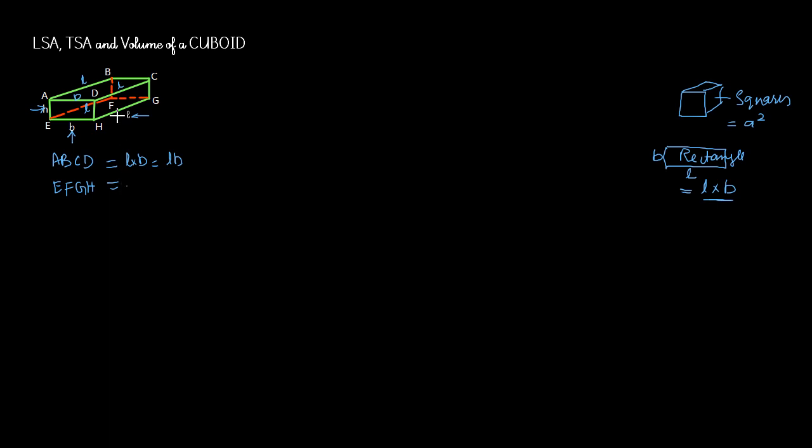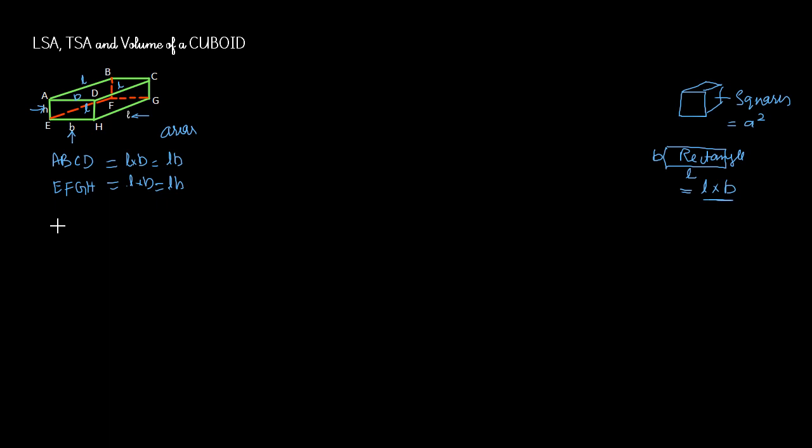So this will again be L, base has B, so that's L into B, which is LB. These are all areas of those faces, which are rectangles. In a cuboid, all the faces are rectangles.